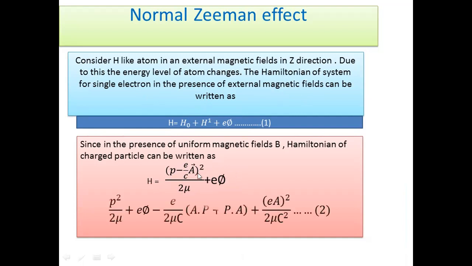After that, this is P squared by twice mu plus e phi, minus e by twice mu c times (vector A dot P plus vector P dot vector A), plus e squared A squared by twice mu c squared. Let's say this is equation 2.